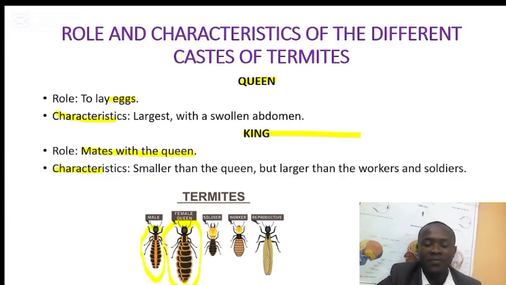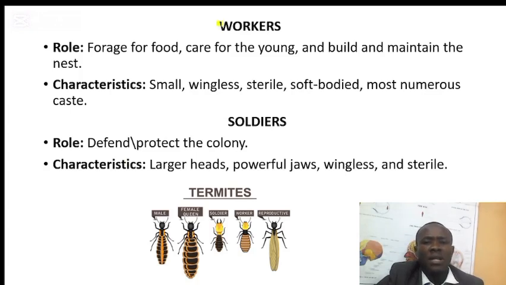Now let's talk about the workers, which is the third one that we have here. The role of the workers: they forage for food. That means they are the ones that have to go and find food for the colony. They care for the young.